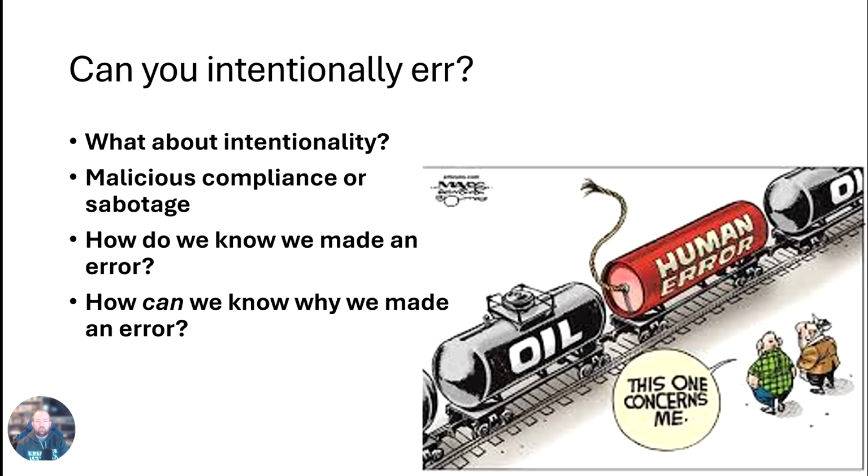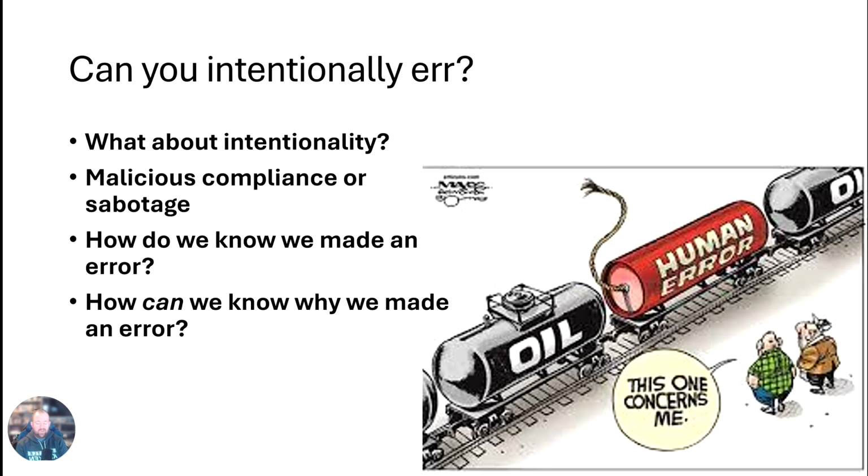So if I reach to grab a cup off of the counter, I misjudged the depth and I knock it across the way. I did not intend to knock it across the way. So then why did I? What happened? What broke down in the systems of my sense organs or perception that led to that outcome? Now, this is totally exempt from what we'll call malicious compliance or sabotage, when people are actively engaging in the wrong action.